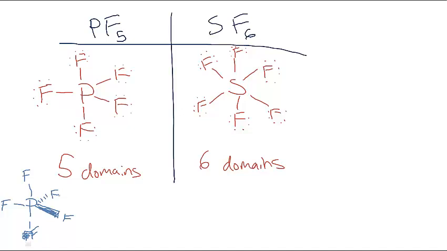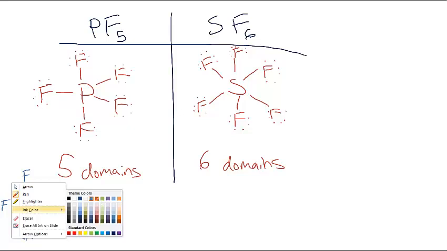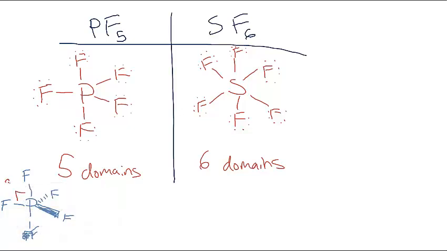You have 90 degrees here between the ones that we can see on this plane, but then you have 120 degrees between the fluorines that are perpendicular coming into and out of the board. All the ones that are flat are 120 degrees apart, but the top and bottom are 90 degrees from this little thing.